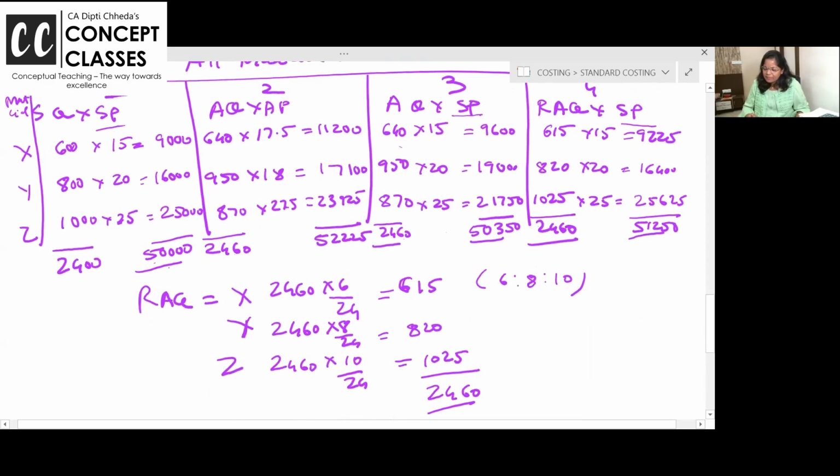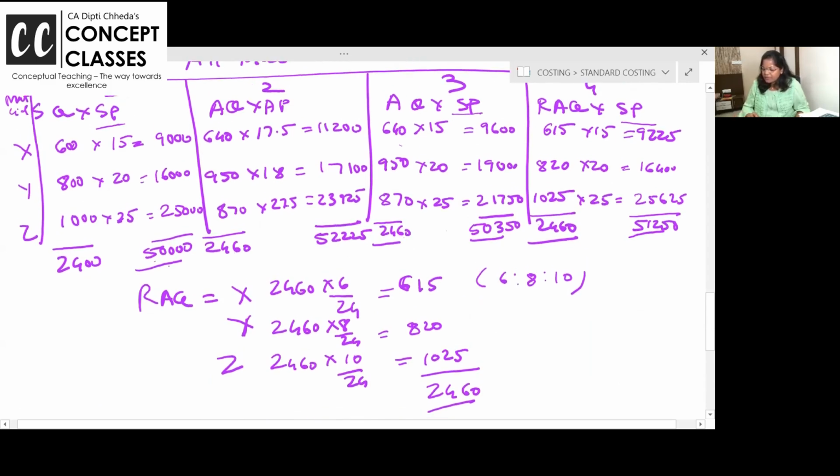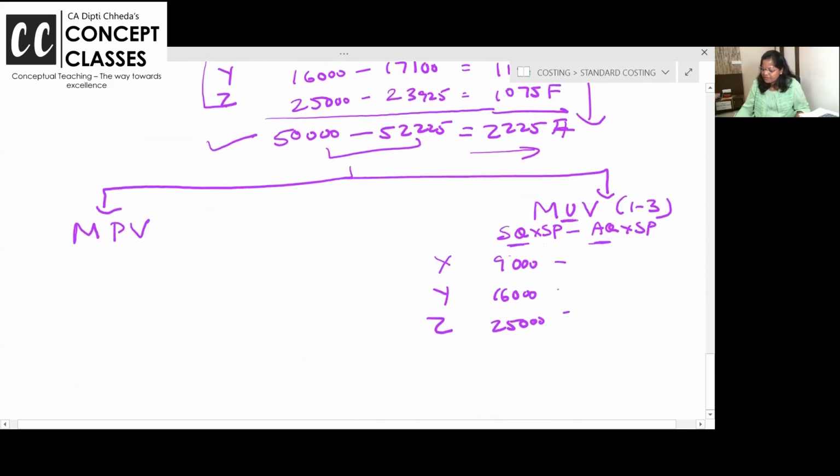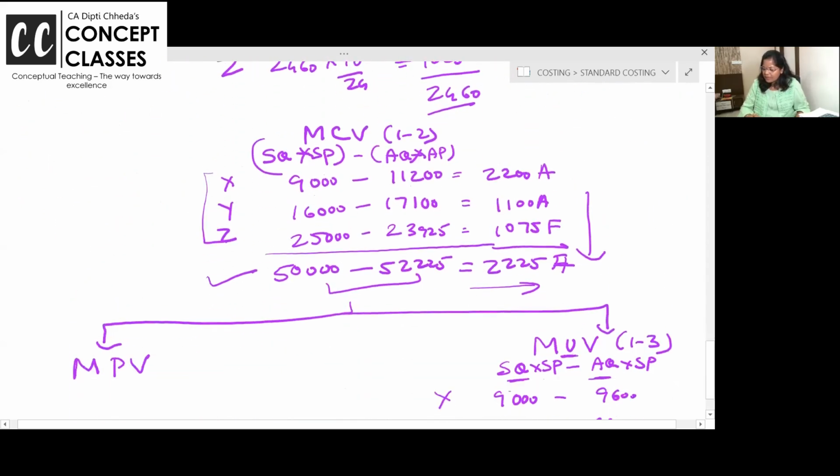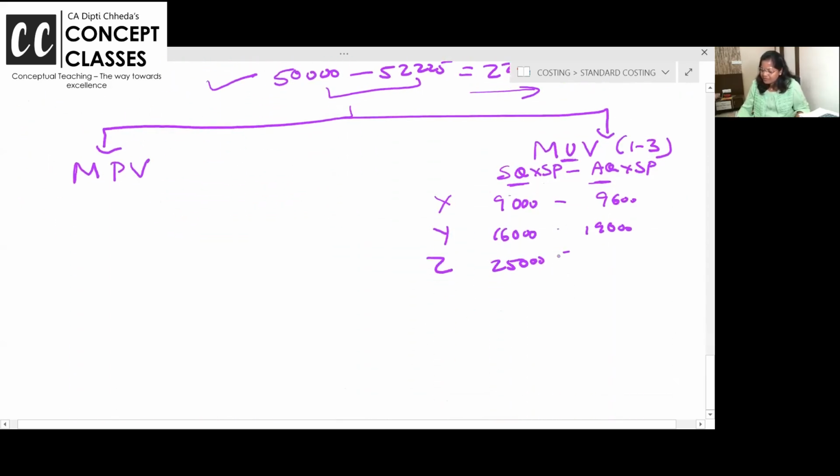Actual quantity, standard price tayyar hai, third column: 9,600, 19,000, 21,750. 600 adverse. 3,000 adverse. 3,250 favorable. Toh overall dekho.